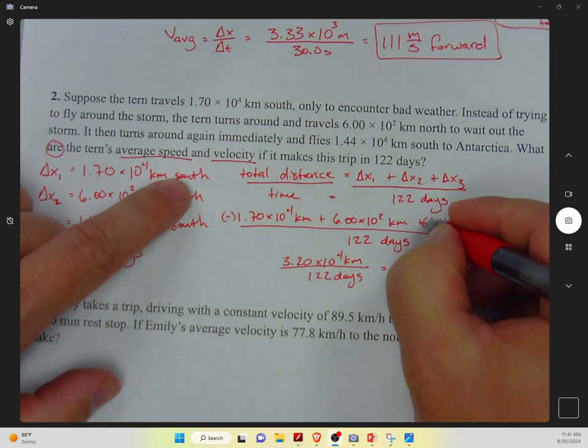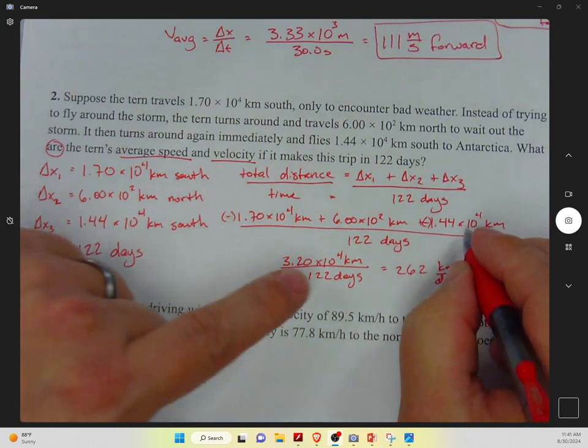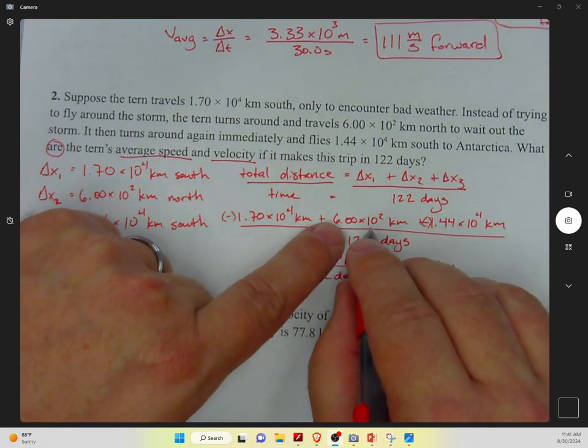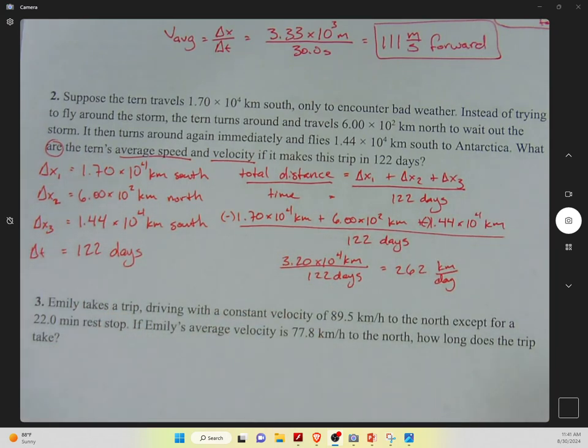I'm going to make this a negative because it's also going south. And this middle term will remain positive because it's north. Could you assign it the other way? Yeah. You could make north negative if you wanted, as long as you were consistent throughout the entirety of your calculation. But general convention is that north is positive, south is negative.